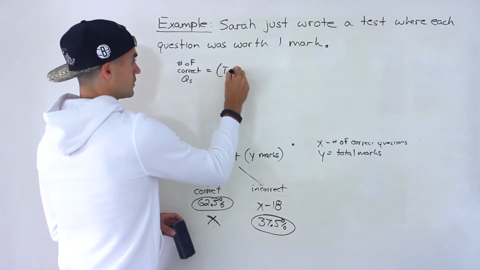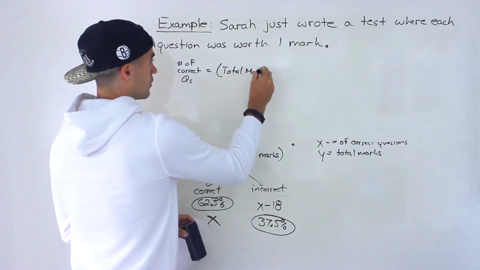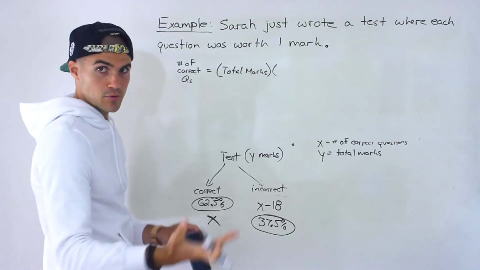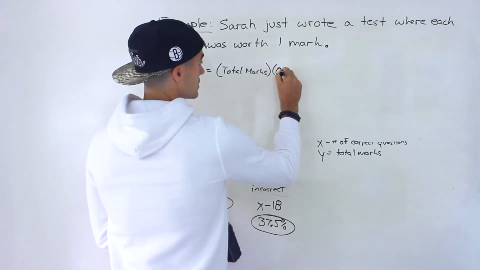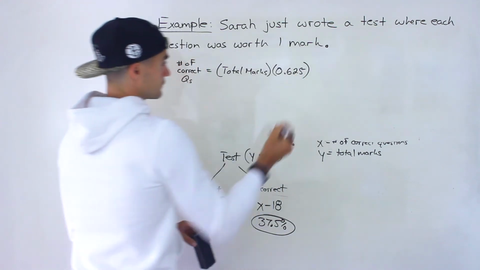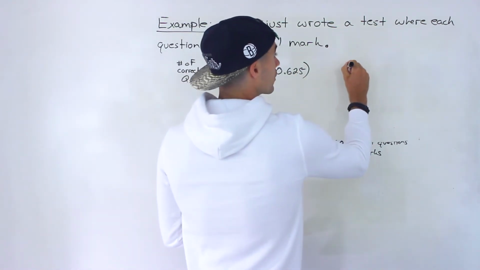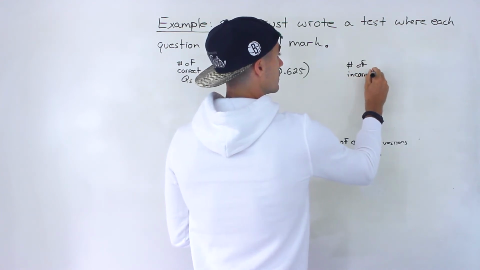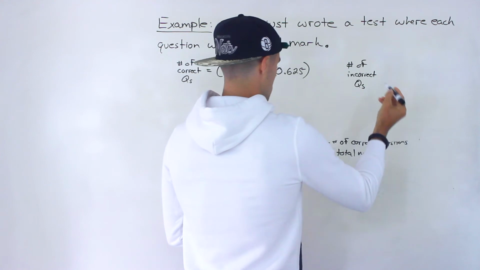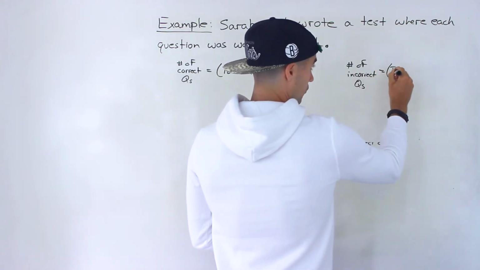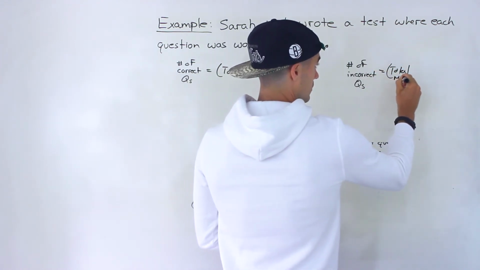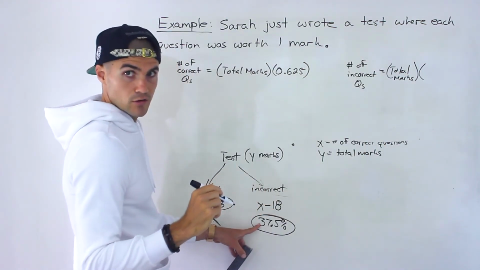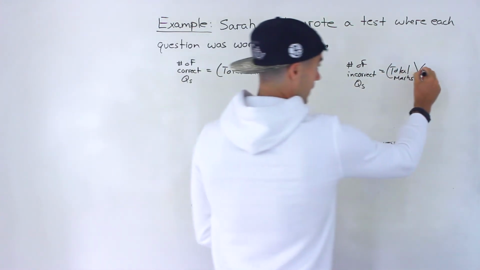The total marks times, in this case, 62.5%. If we convert that to a decimal, 0.625. And then the number of incorrect questions is equal to the total marks times 0.375. That's the percentage she got incorrect.